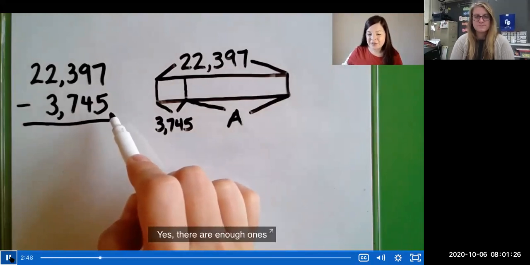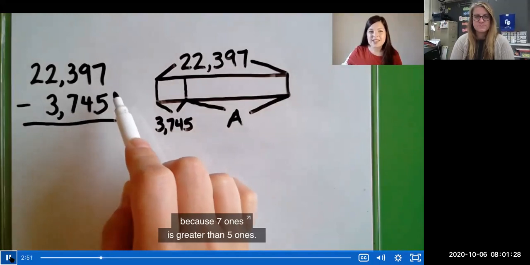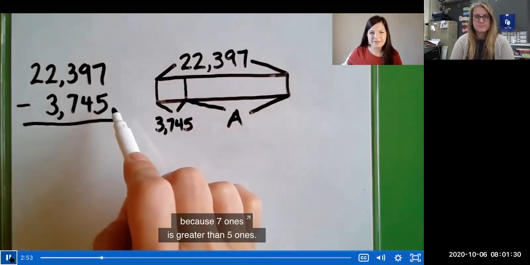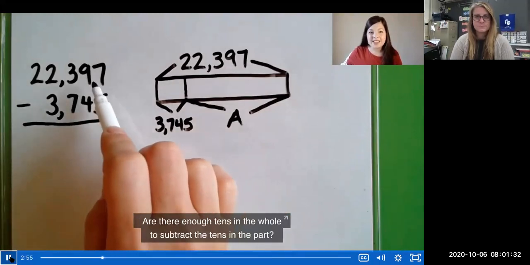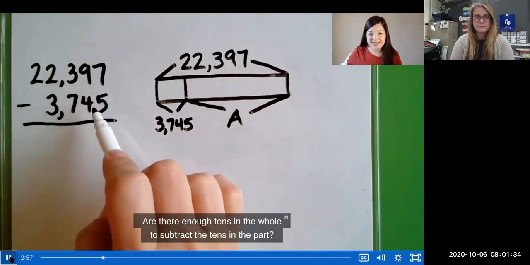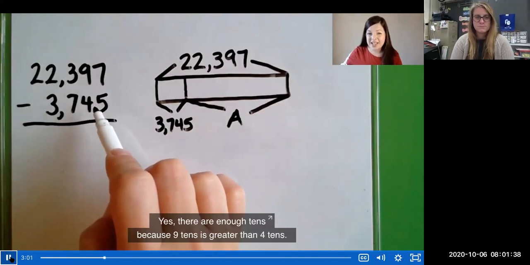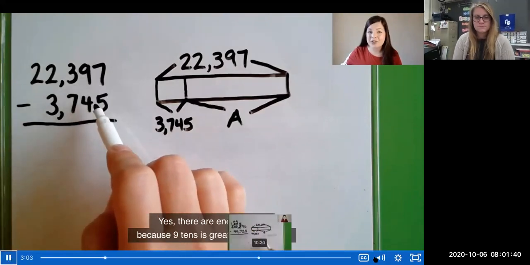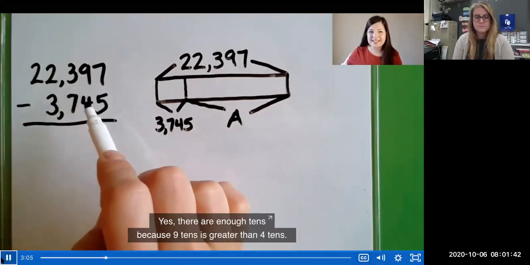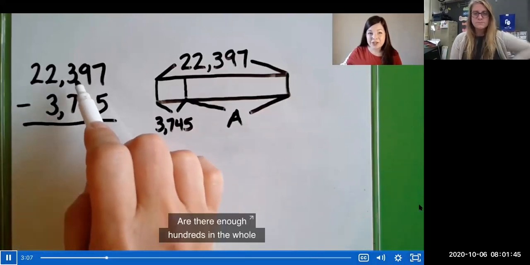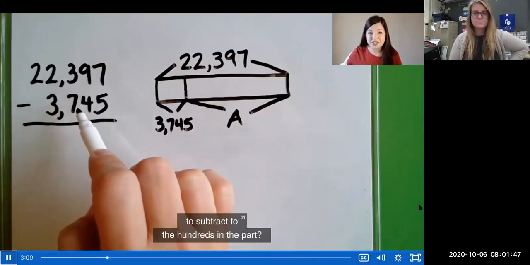Yes, there are enough ones because 7 ones is greater than 5 ones. Are there enough tens in the whole to subtract the tens in the part? Yes, there are enough tens because 9 tens is greater than 4 tens. Are there enough hundreds in the whole to subtract the hundreds in the part?